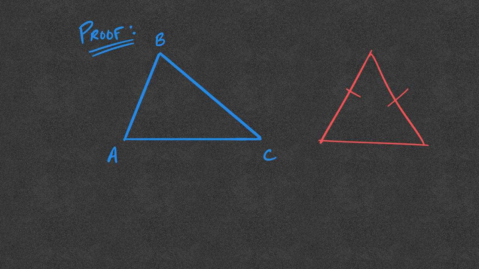So you will notice that I took my vertex B and leaned it to one side, just so it doesn't look like B is directly over the midpoint of that bottom side. That's all.